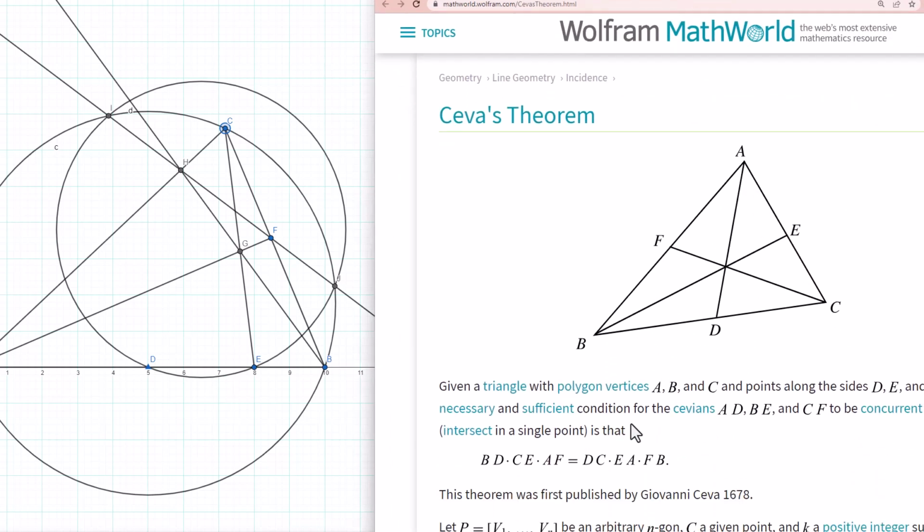So it always looks just like the Menelaus theorem. You have the product of lengths equal to the product of another set of lengths. So in this case, you have BD times CE times AF.